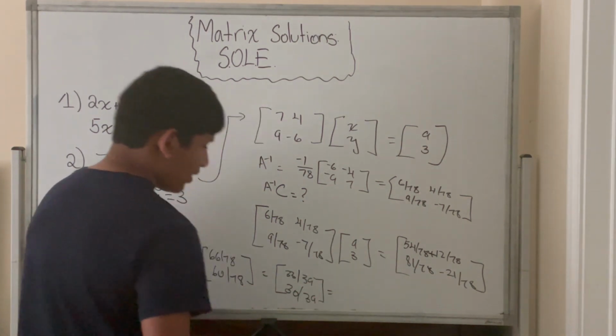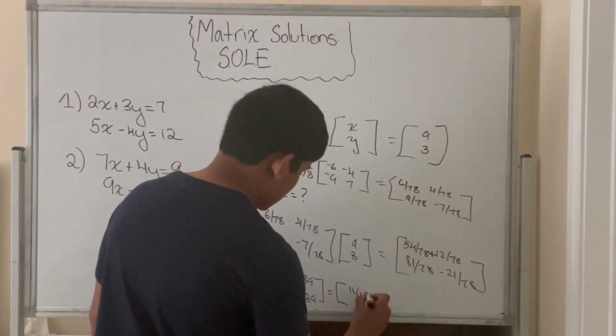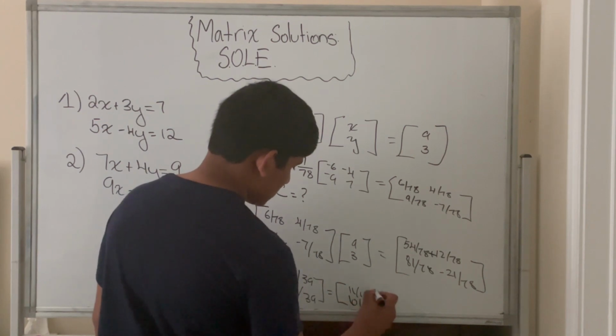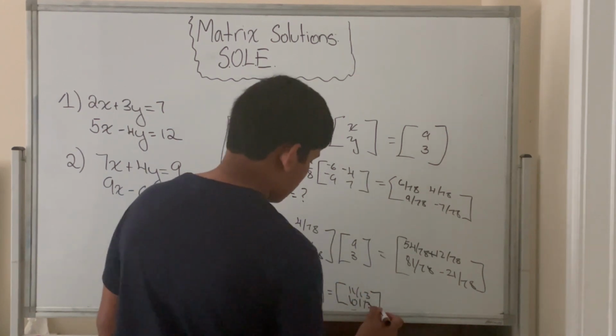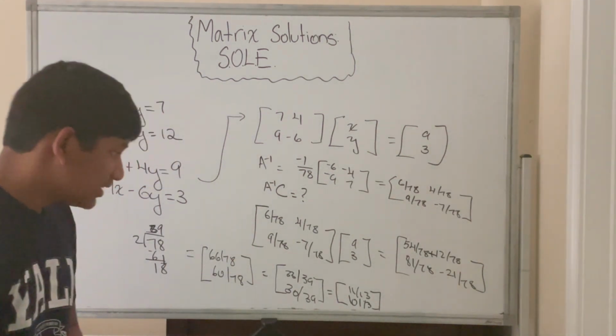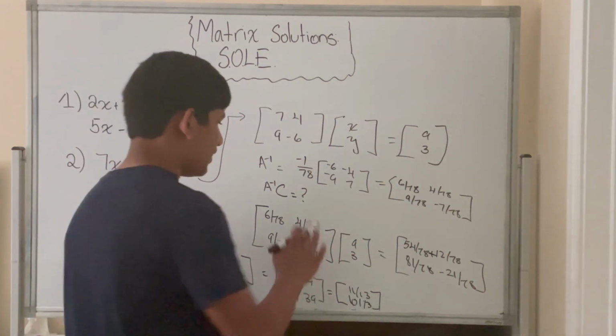So we can simplify even further to get 11 over 13 and this to be 10 over 13. Boom. So we got 11 over 13 and 10 over 13 for this. So let's plug it in to check if we got it right.